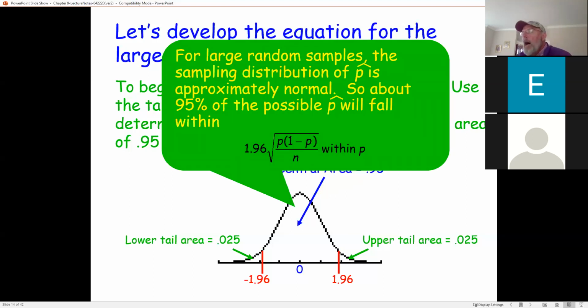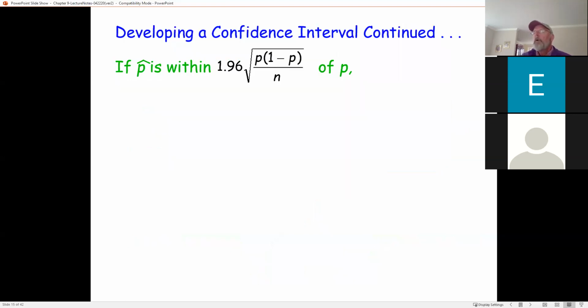Okay, so now, this term here is the sigma for the distribution of the proportion. So 1.96 is the z-score times the standard error of p hat.